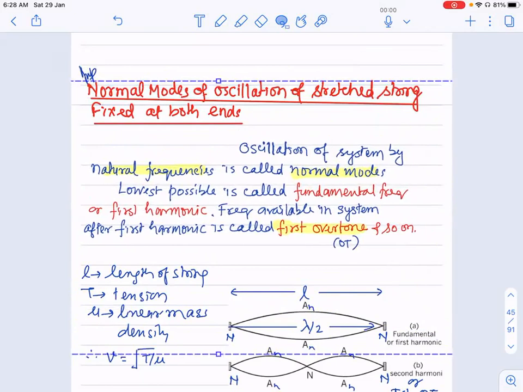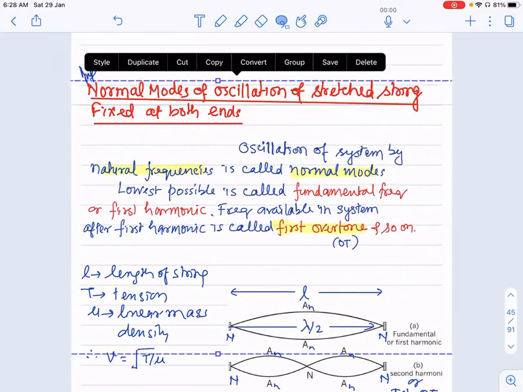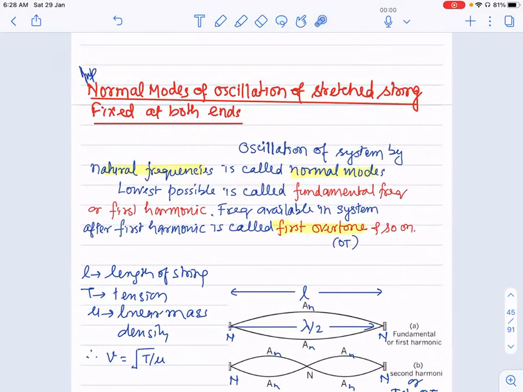See these points, can you see? Oscillation of a system at its natural frequency is called normal modes. There are many natural frequencies in the system at which it will make 1 loop or 2 loops or 3 loops like that. The lowest frequency is called the fundamental frequency or first harmonic.